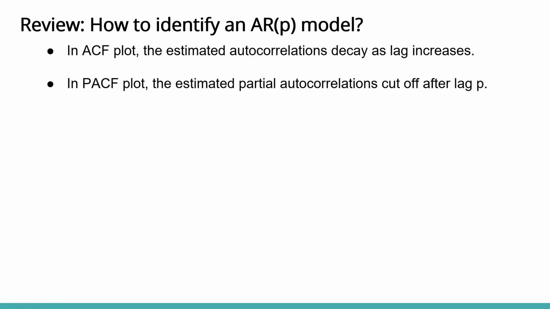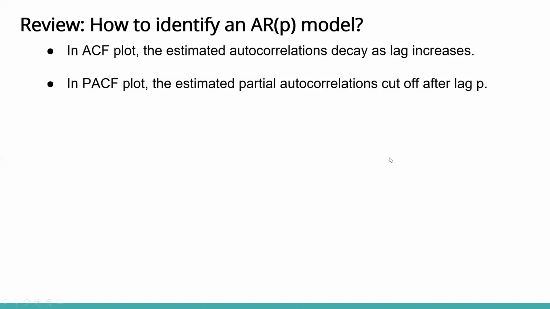If a model is an autoregressive model, then what you are going to see in the ACF plot is that the estimated autocorrelation will decay exponentially to zero as lag increases. And using the PACF plot, the estimated partial autocorrelation cuts off after lag p.